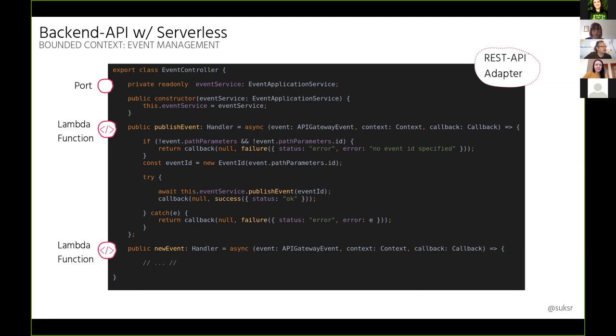If it's syntactically correct, it then passes this to the event application service, which is the gateway to the inner part of our hexagonal architecture. And that's where we go in the next step.